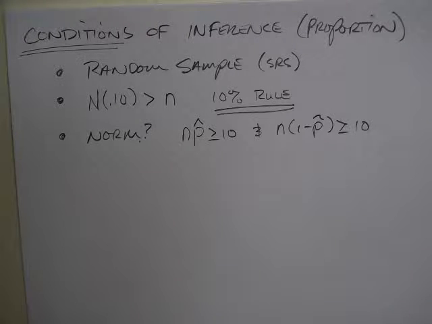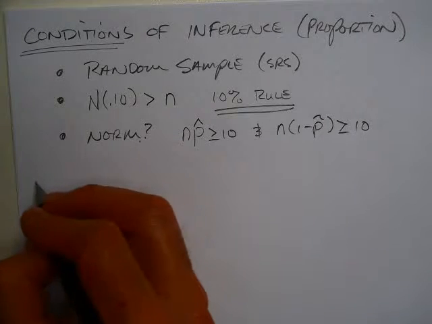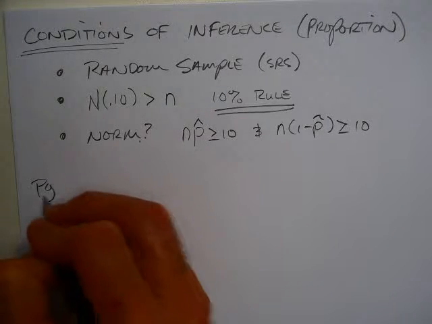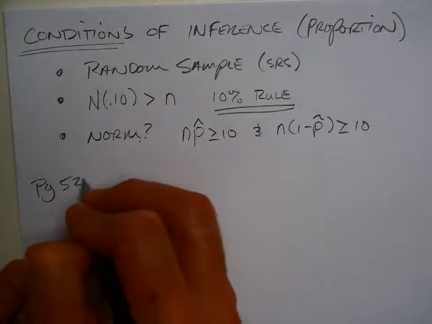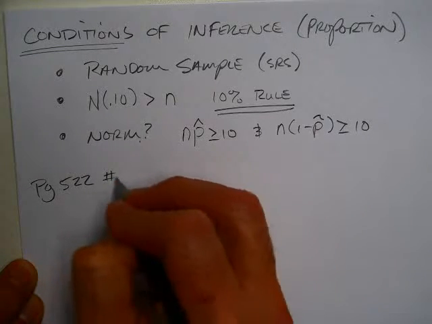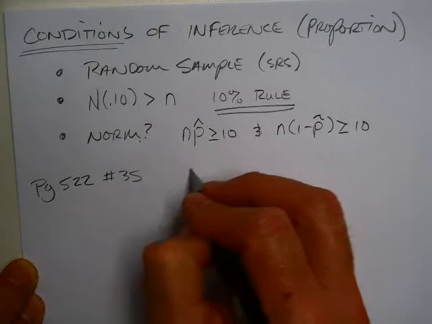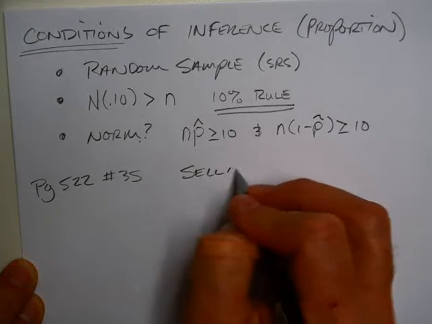So let's look at a couple problems. Actually, I have a few problems that I want to go through today because it's a fairly long set of problems, but I also want you to see some good examples. So on page 522, if you want to go there, number 35, and talk about selling online.